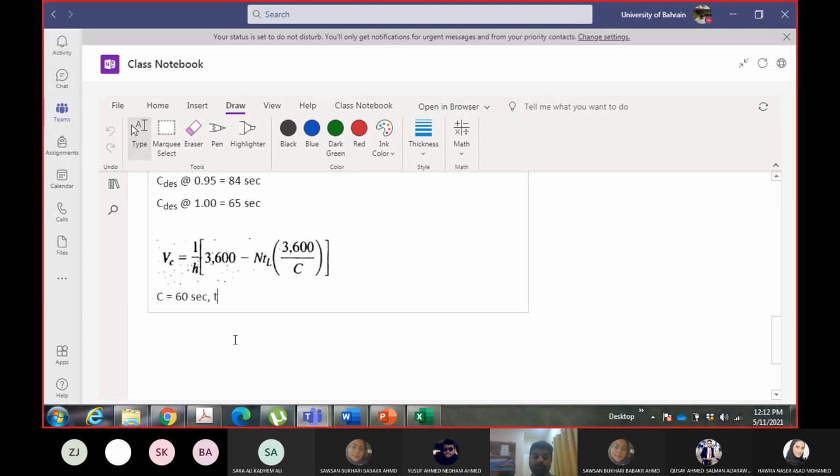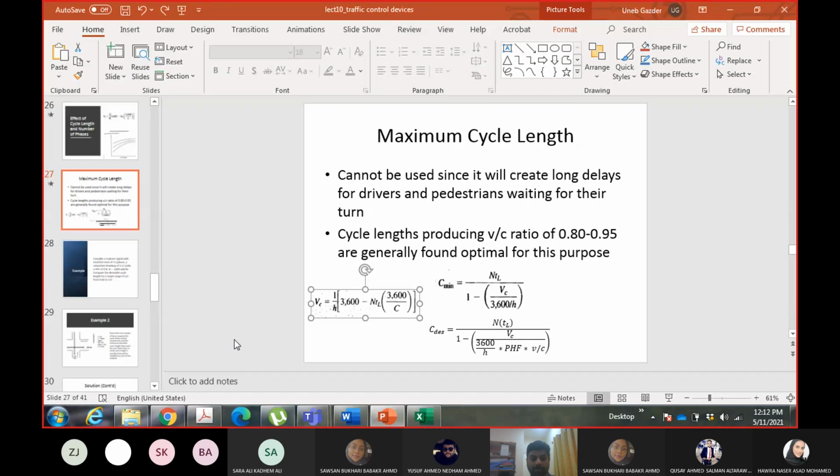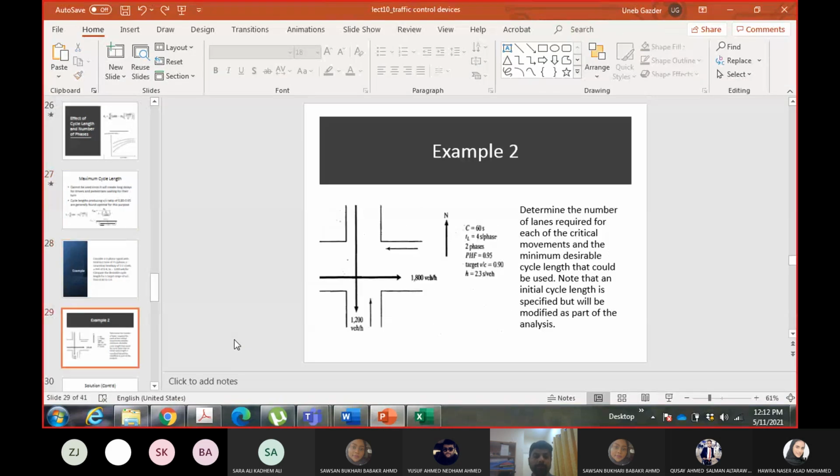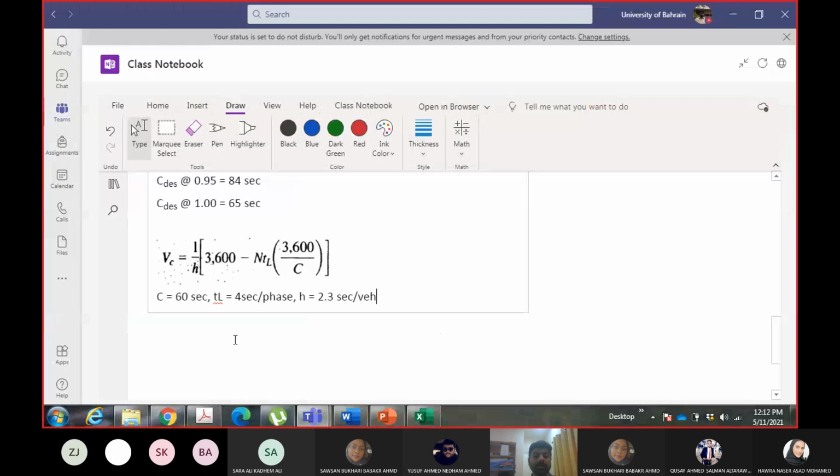Lost time for each phase 4 seconds per phase, and saturation headway is given as 2.3 seconds per vehicle. Number of phases, 2. In addition to that, peak hour factor is given. I will not use it here, but it is given 0.9 and 0.95, and V by C ratio is fixed.